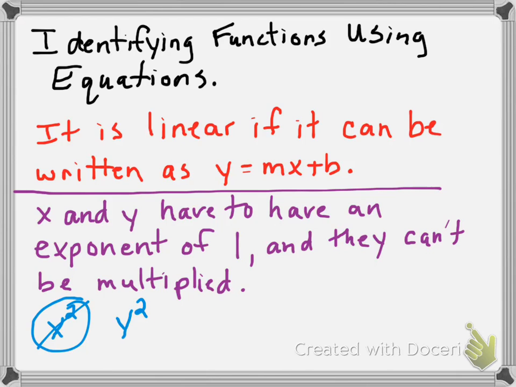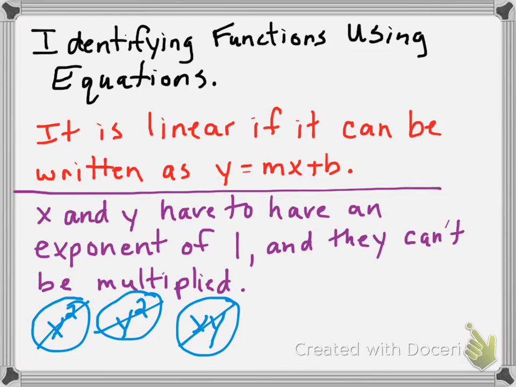The next one, also the y. The y can't have any exponent other than 1 on it either. So again, not linear. You can't have x times y. So you can't have xy anywhere, or yx. Anything that means x times y means it's nonlinear.